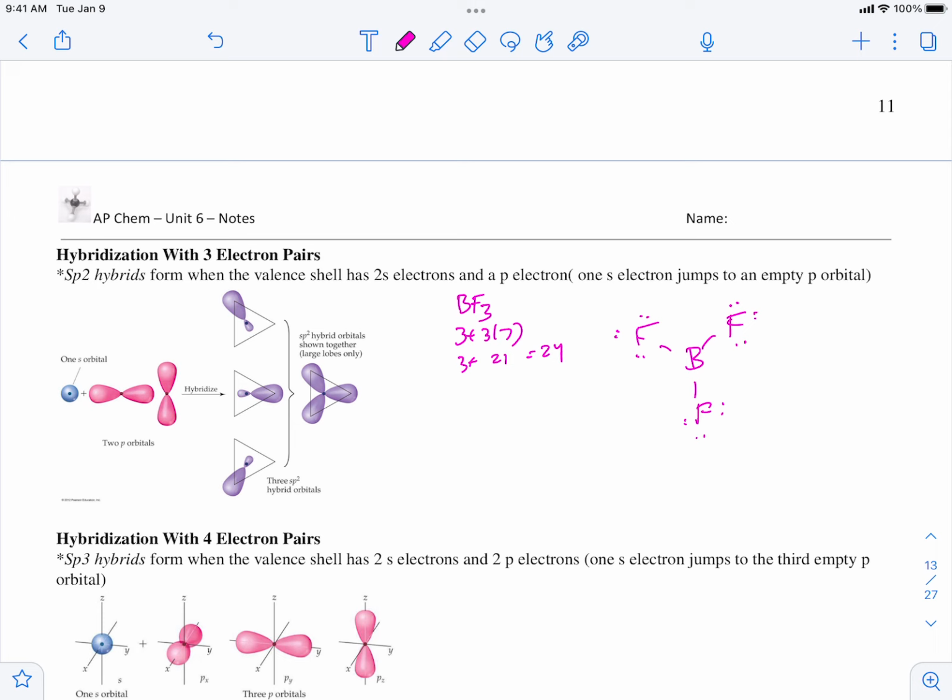But in looking at its orbitals, boron is 2s2 2p1 prior to bonding. The hybridization process will result in that s electron being promoted, and we will now have 3 half-filled orbitals.